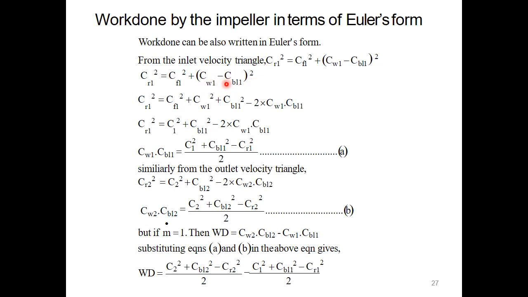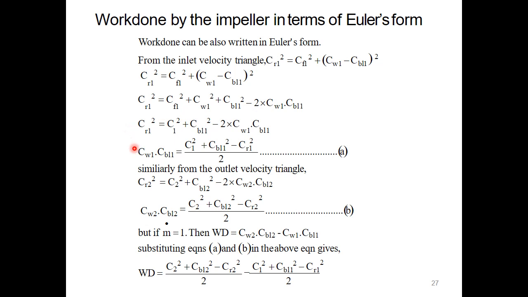Now this is in the form A minus B the whole square. So expanding that, we will get this equation: Cr1 square equal to Cf1 square plus Cw1 square plus Cbl1 square minus 2 Cw1 Cbl1.